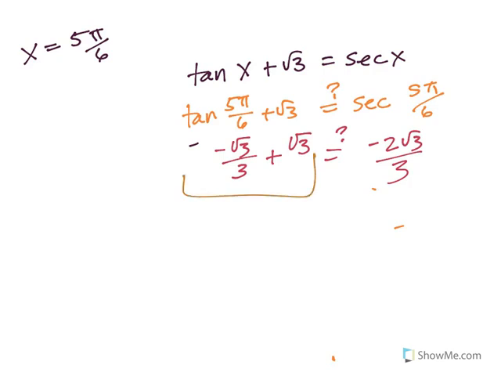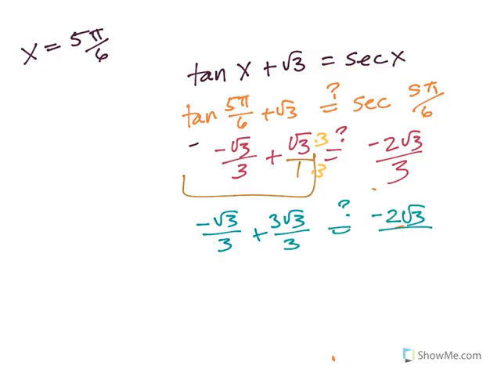Well, if we simplify this side, in order to make radical 3 over 1 a fraction, we're going to have to multiply the top and the bottom by 3. So this is going to give me negative radical 3 over 3 plus 3 radical 3 over 3. Does that equal negative 2 radical 3 over 3?